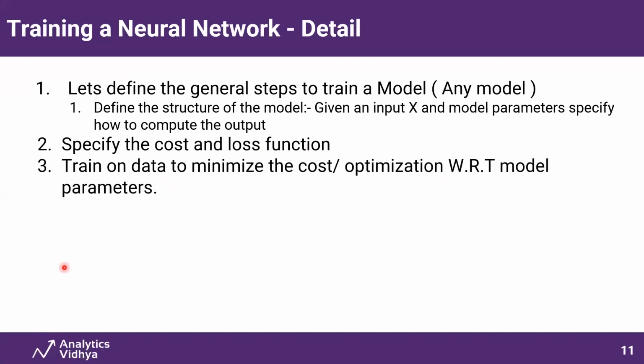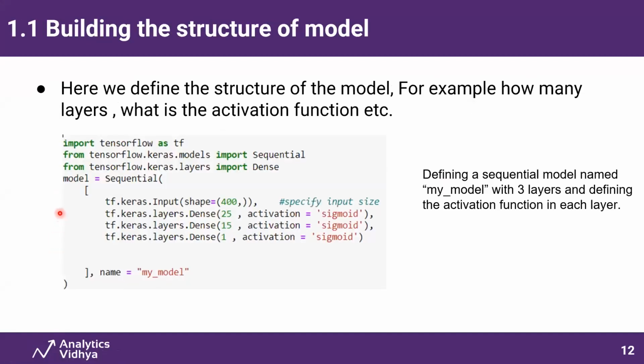So let's see how these steps relate to our neural network, or in our use case of price prediction, how these three steps fit in. The first step we saw was to build the structure of a model.